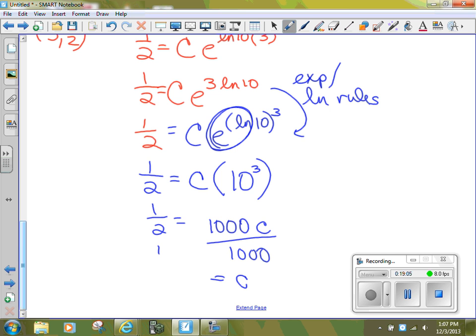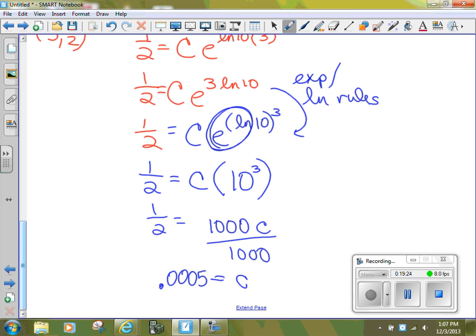What's 1/2 divided by 1,000? It's a very small number, 0.00. You know what though? That's what C is.